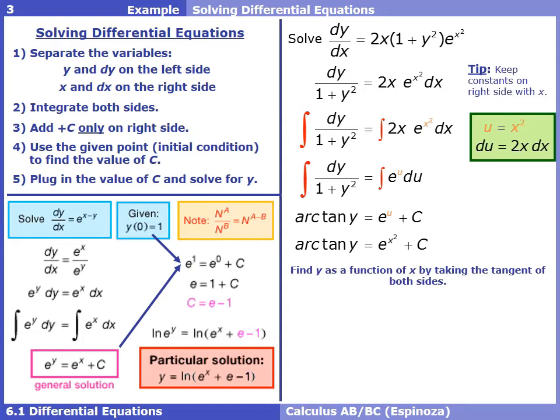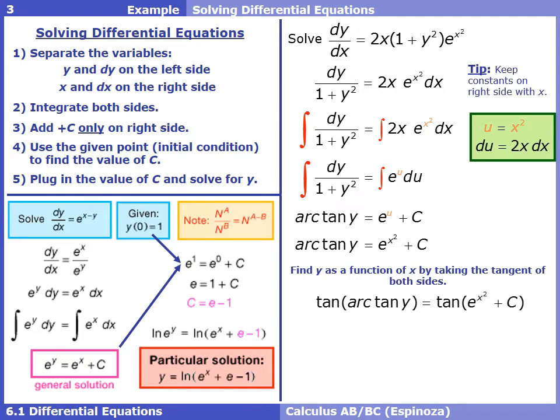We need to find y as a function of x. We've got to get the y by itself, just like in the first two examples. So we've got to get rid of arctan. In the first two examples, we needed to get rid of e, which meant we needed to do the inverse operation, which is a natural log. To get rid of arctan, we would have to take the tangent of both sides.